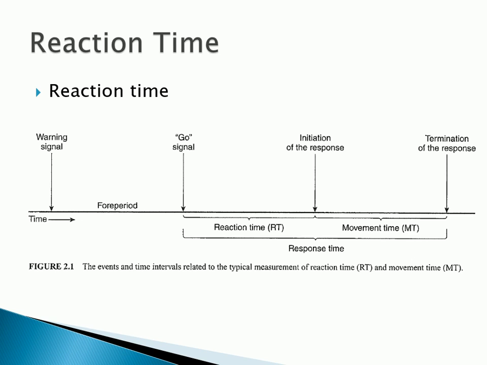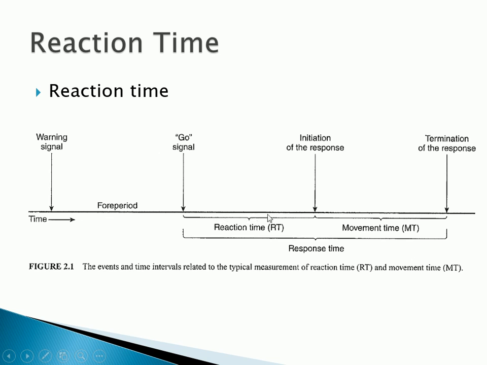Breaking it down a little, we have three different components that are very closely related. Reaction time truly is the time from when a go signal is set off. If I think about reaction time in sprinting, like in a track and field race, the go signal is when the gun goes off.